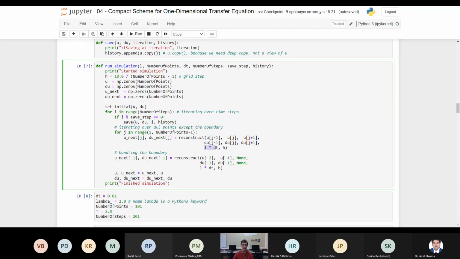And we also pass parameters lambda multiplied by the time step and the grid step. So this procedure is performed on every time step, and it finds the values on the next time step in every internal point of the mesh.